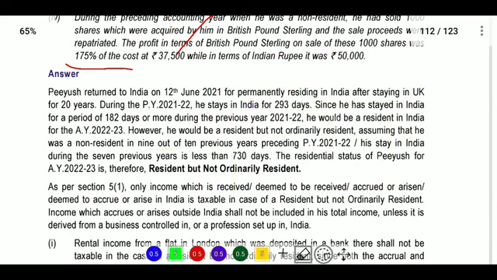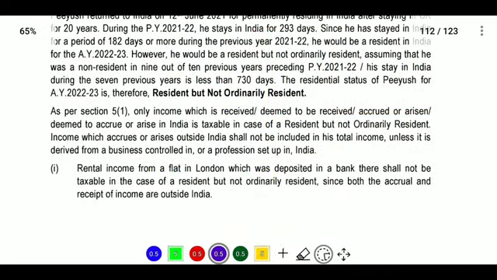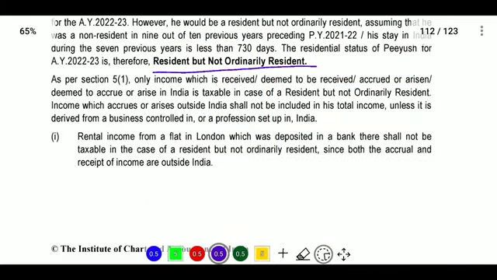Next, for a resident but not ordinary resident, only the income which is received, deemed to be received, or accrues or arises, or is deemed to accrue or arise in India is taxable.